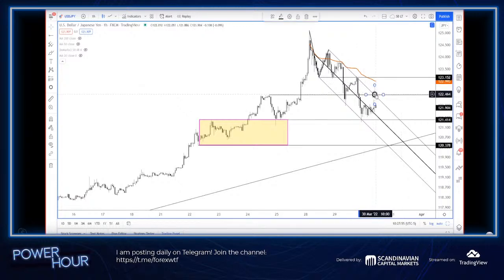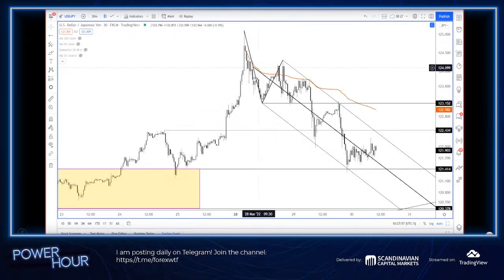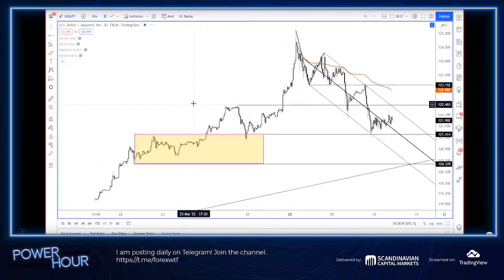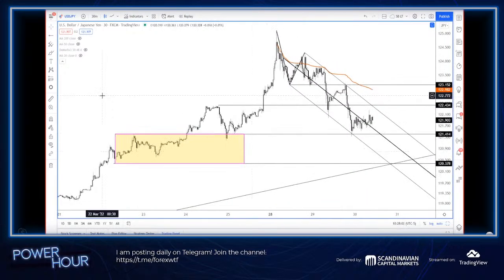I've been throwing these charts up on Twitter the last couple of days, and really it's been a pretty simple trade. Like, you always hear, don't try to call the turn, or this, that, and the other. Yeah, I get it.